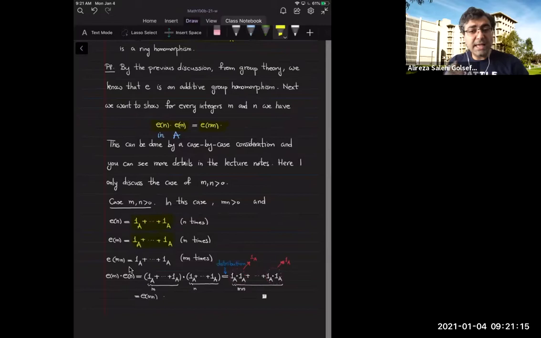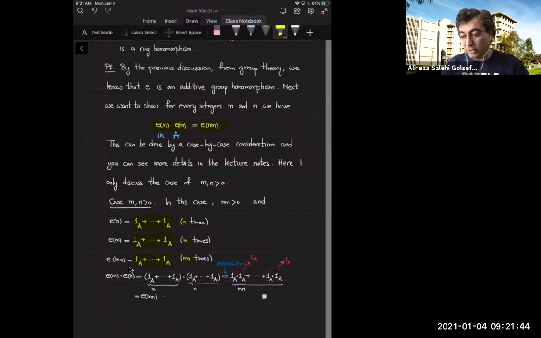Now, when n and m are both positive, their product is also positive. So in that case, E(mn) is adding 1_A, this time mn times. The first time it was n times, the second time it was m times, now it is m times n times. So now I know what E(n), E(m), and E(mn) are.